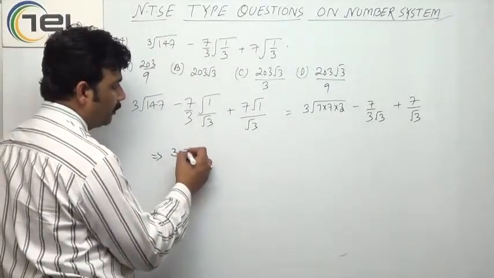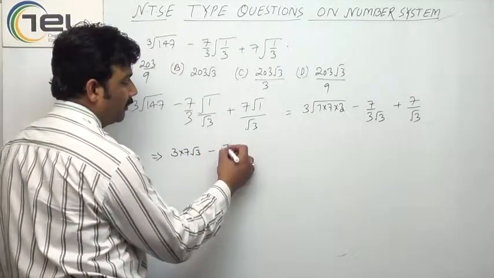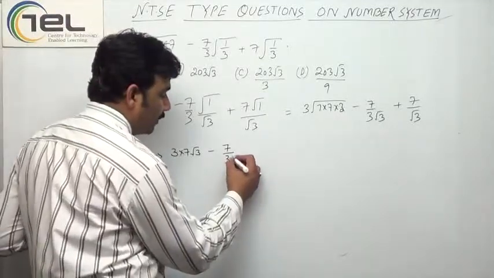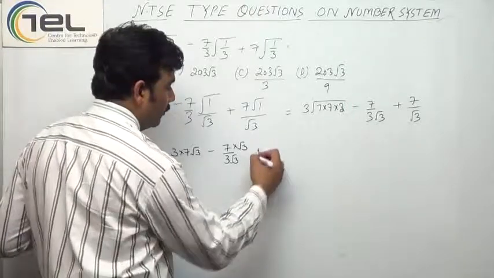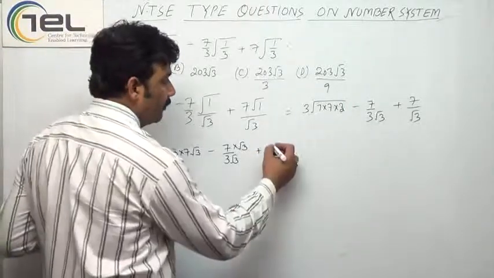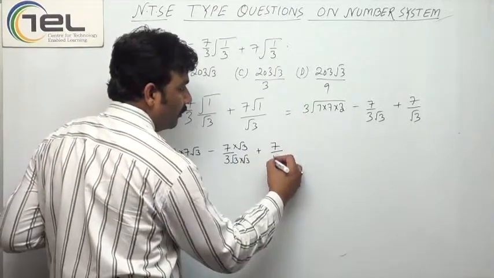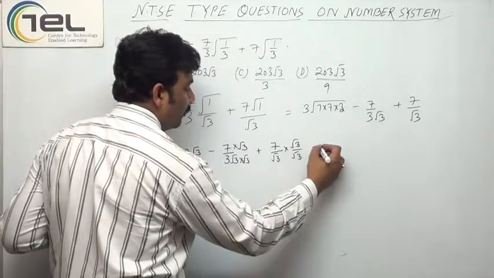It becomes like this: 3 into 7 root 3 minus 7 by 3, and I will rationalize it by root 3 on both sides. With root 3 in the denominator, I multiply root 3 on both the numerator and denominator.